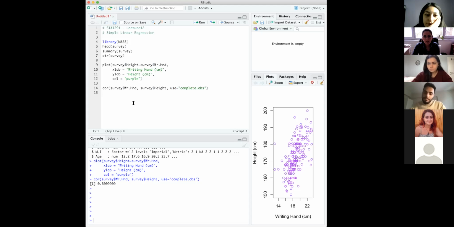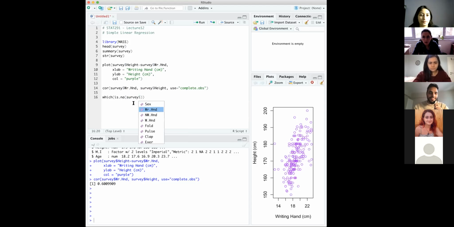So if you want to see how many of them you have, maybe you remember that we had which is.na, and we have survey data dollar sign... Wow, there's a lot.